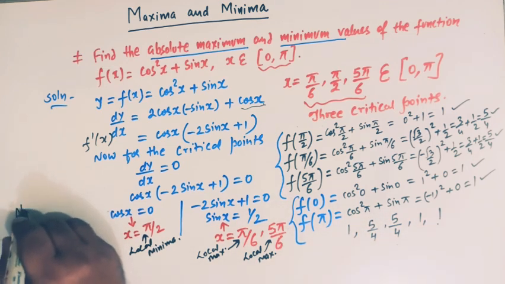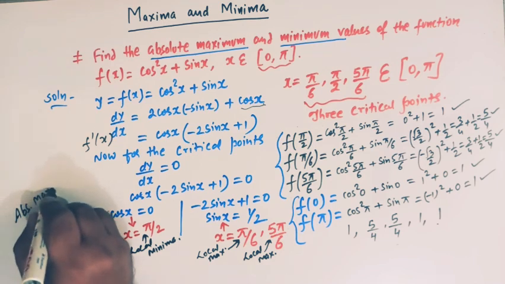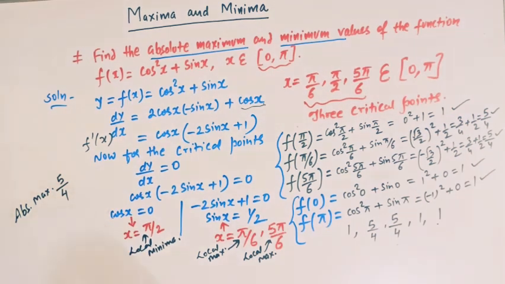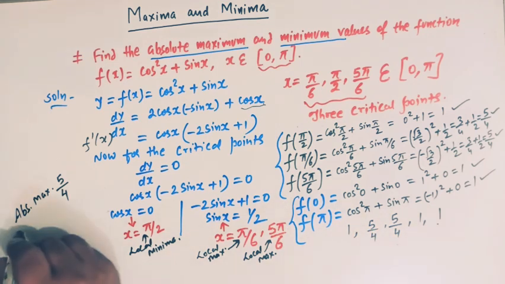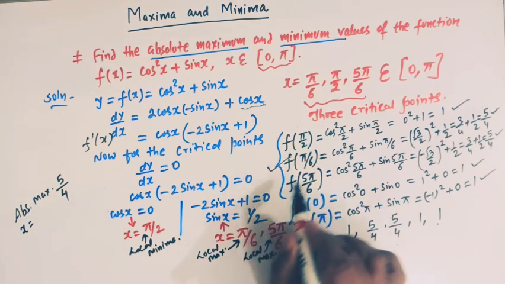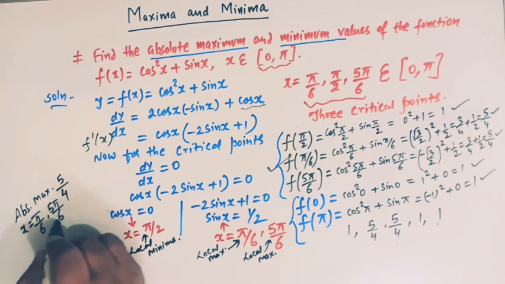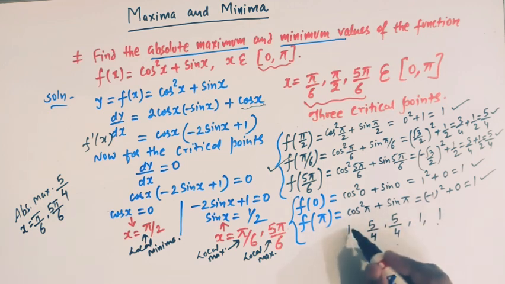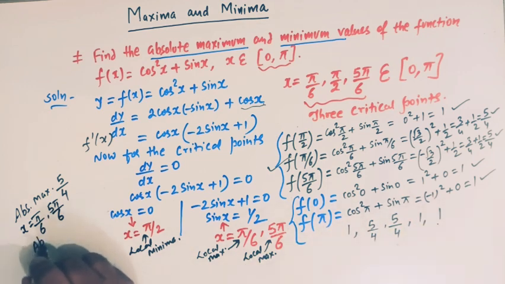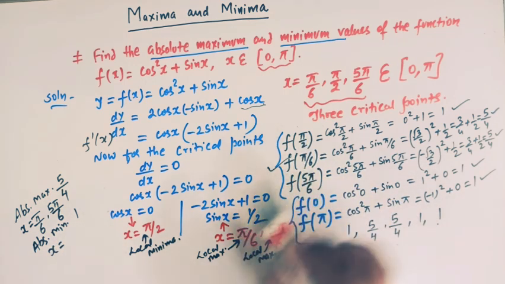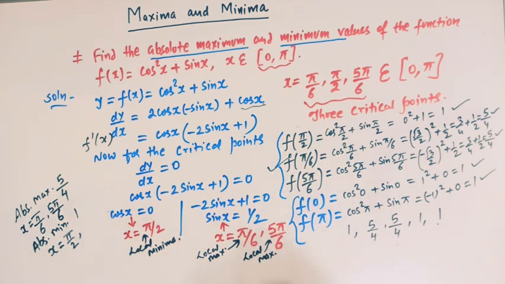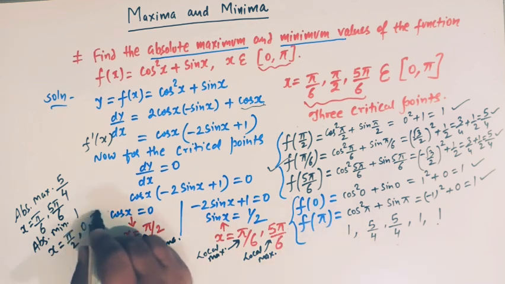So we see that the absolute maximum is 5 by 4, and this occurs at x equal to pi by 6 and 5 pi by 6, right? And the absolute minimum is 1, and it occurs at x equal to pi by 2, then x equal to 0, and then x equal to pi, right?